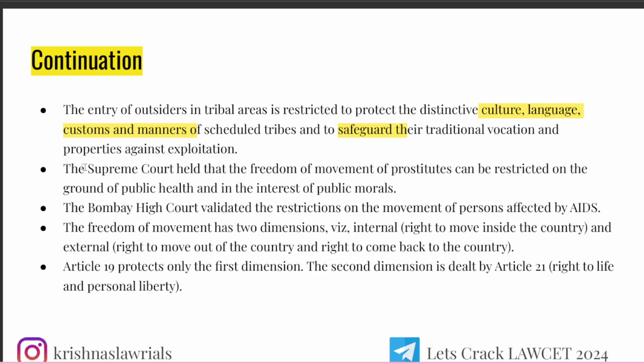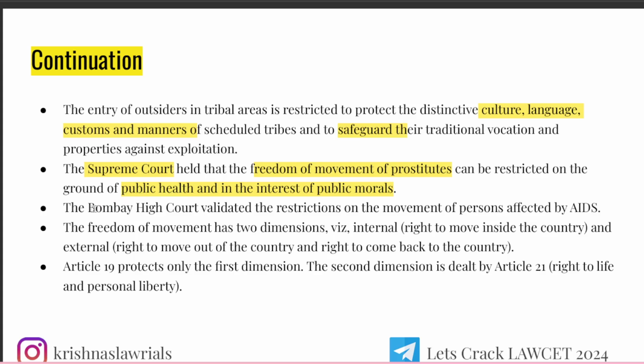Here, the Supreme Court also said that freedom of movement can be restricted for prostitutes, because the reason is public health and the interest of public morals. Under this circumstance, the Supreme Court held that freedom of movement of prostitutes can be restricted.